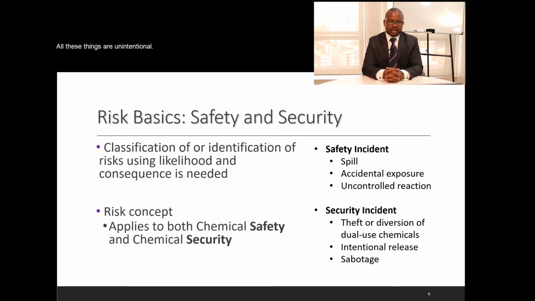All these things are unintentional. A security incident, on the other hand, would be theft, where a chemical is targeted for some malicious use. A security incident could also be sabotage, such as an unintentional release by a disgruntled employee or an intentional release by, say, a competitor.